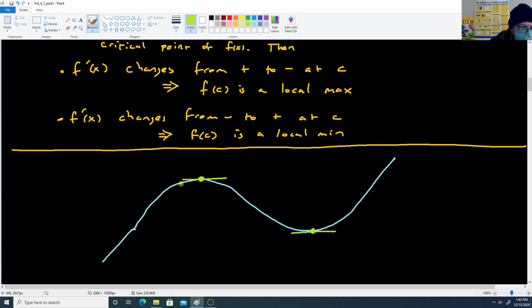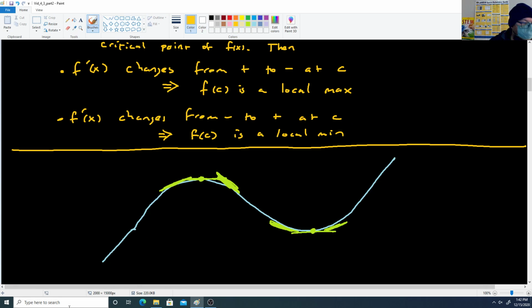We can see the slope of the tangent lines here are positive, and then those positive slopes of tangent lines change to negative across this point here. That's why we create a local max. If the first derivative changes from positive, then it's 0, then it's negative, that'll be a local max. And if the first derivative is negative, then it's 0, then it changes over to positive, so negative to positive, that'll create a relative min.